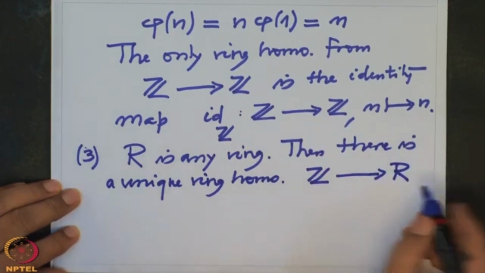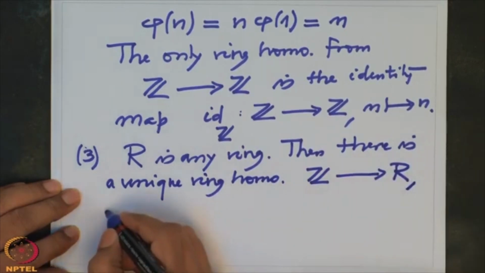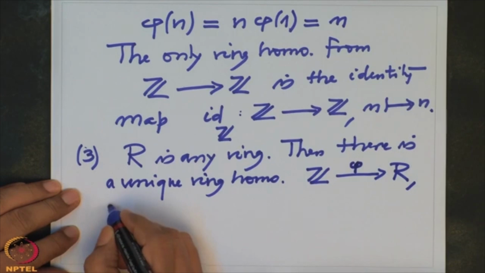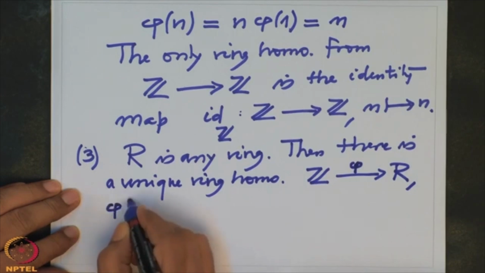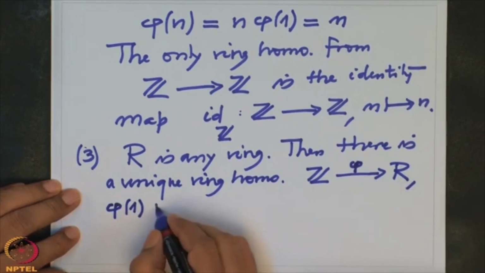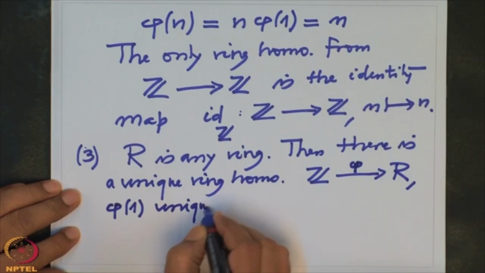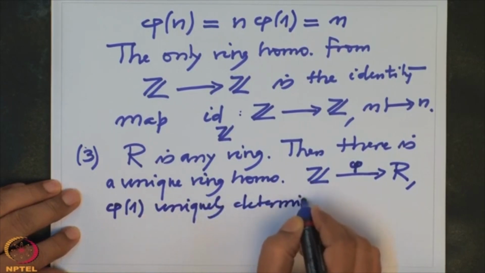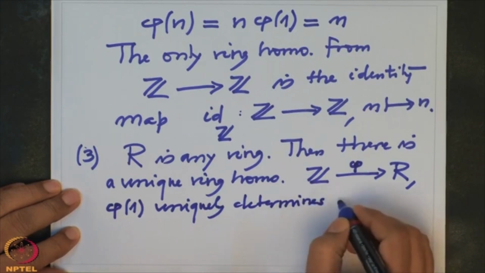And it is determined by, if you call it phi, phi is uniquely determined by phi of 1. Phi of 1 uniquely determines phi.